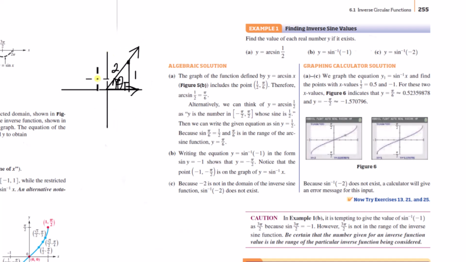If we think about the reference 30-60-90 and 45-45-90 triangles, I think the 30-60-90 will work here. Sides 1, root 3, 2. So sine of 30 is 1 over 2.